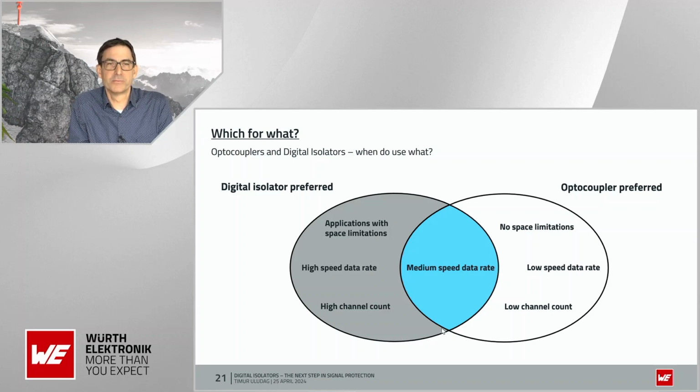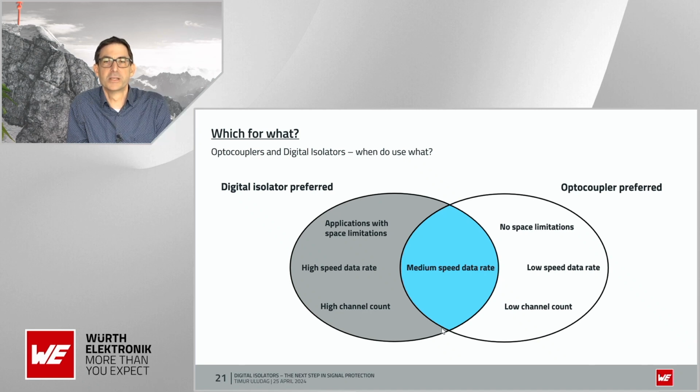If you have high-speed applications, then it is best to use digital isolators because the transfer from the input to the output is not dependent on temperature or any other effects. So for high speed, a digital isolator is absolutely preferred.